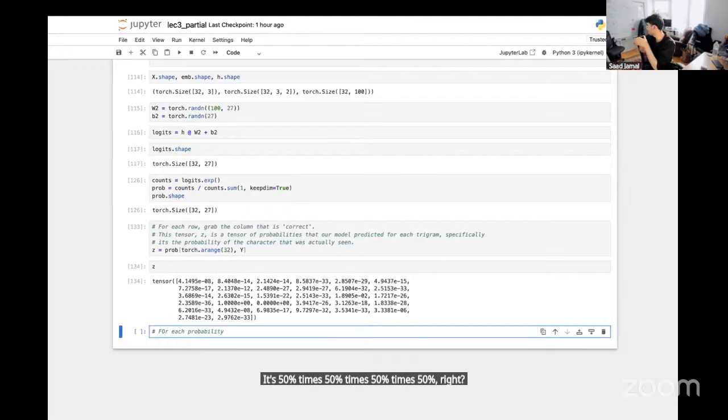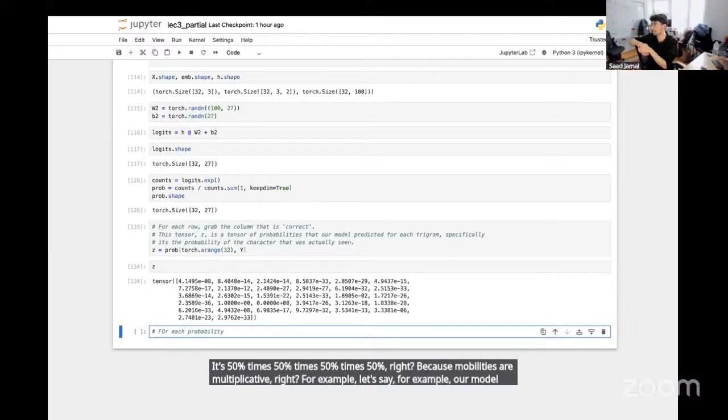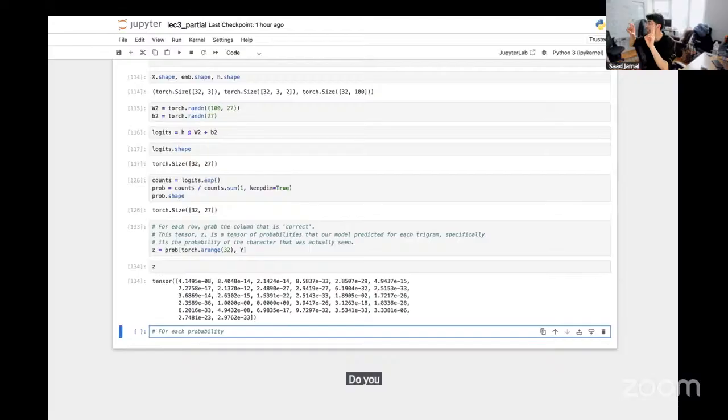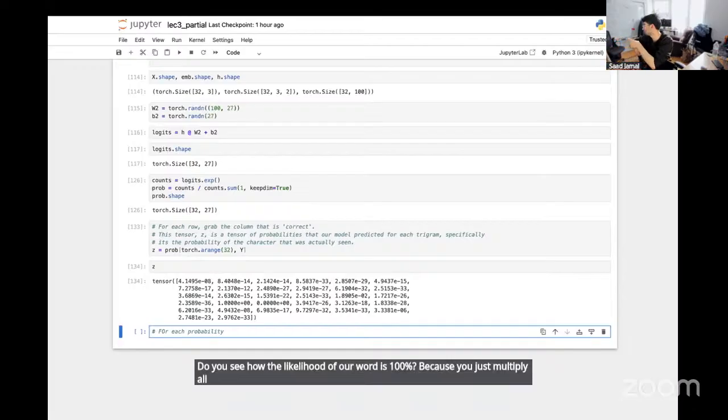Because probabilities are multiplicative. For example, let's say our model predicted that E was going to come 100% of the time, M 100%, M 100%, and A 100%. Do you see how the likelihood of our word is 100%? Because you just multiply all the probabilities together. Does that make sense? Yeah.